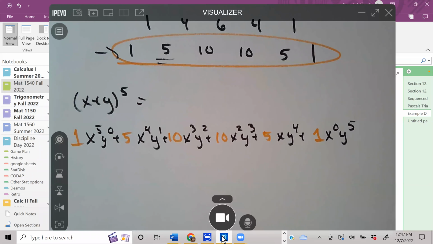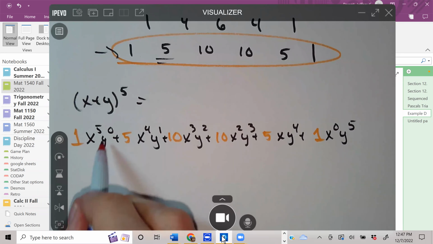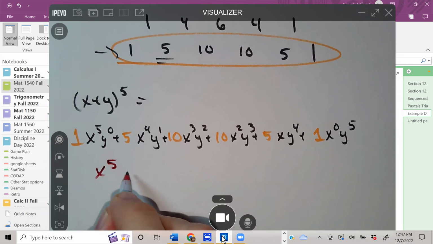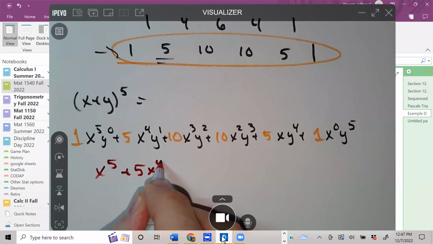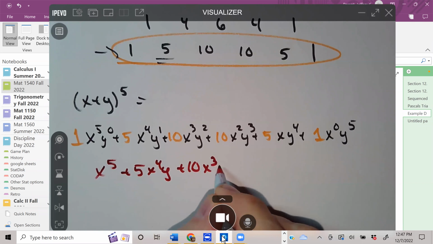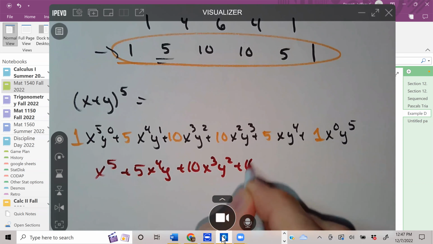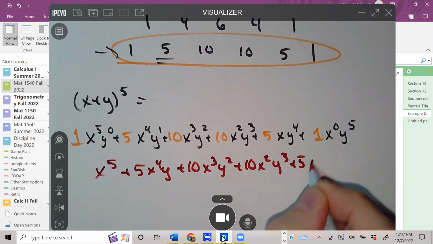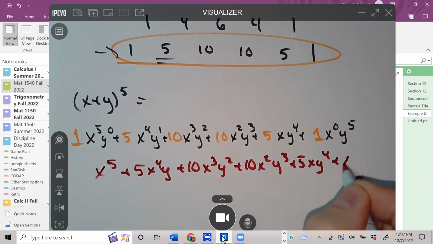We should clean it up a little bit. For instance, I don't need to write x to the 0 or y to the 0, so I'll just write x to the 5th plus 5 x to the 4th y plus 10 x cubed y squared plus 10 x squared y cubed plus 5 x y to the 4th plus y to the 5th.